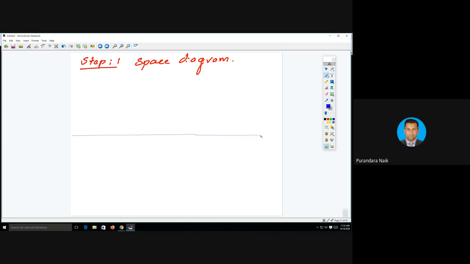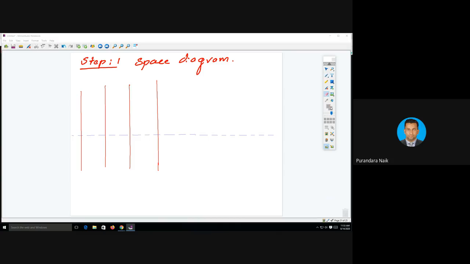It is considered as a reference line. Just make it a dotted line because it is a reference line, or let us consider this as an axis. After drawing the reference line, now we have four different planes. Let us draw the first plane, plane 1, A, B, C, and the last plane is D.